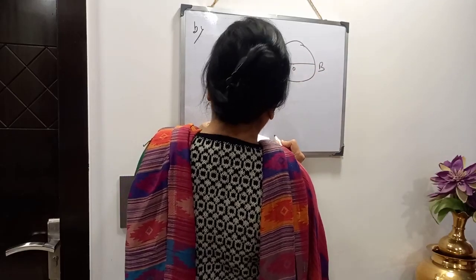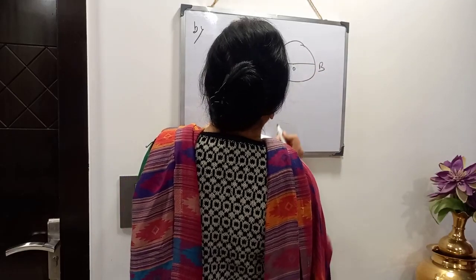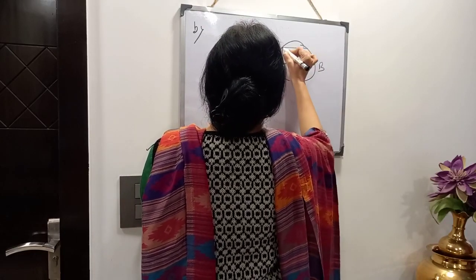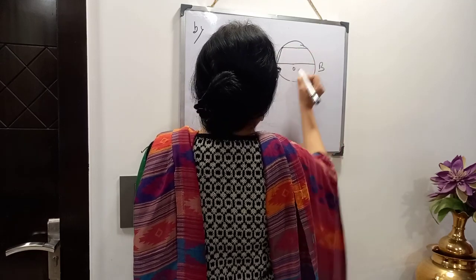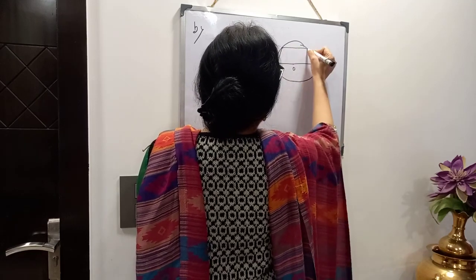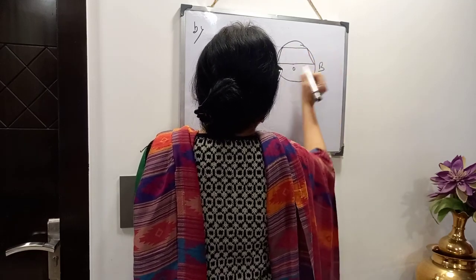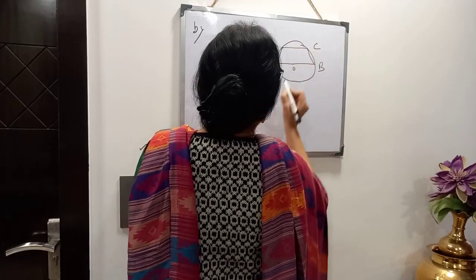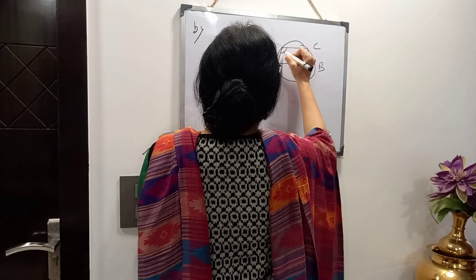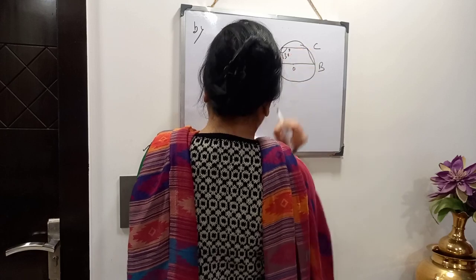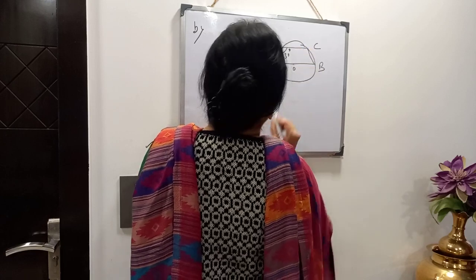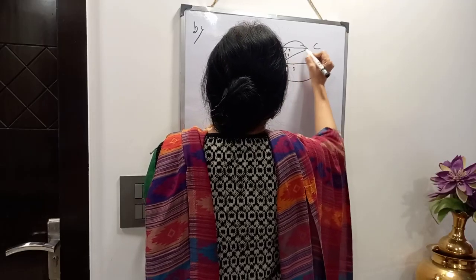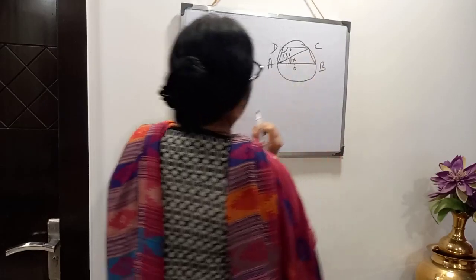If ADC is 130 degrees. Okay, first we have to draw. ADC is given as 130 degrees. Calculate BAC. This one you have to calculate.